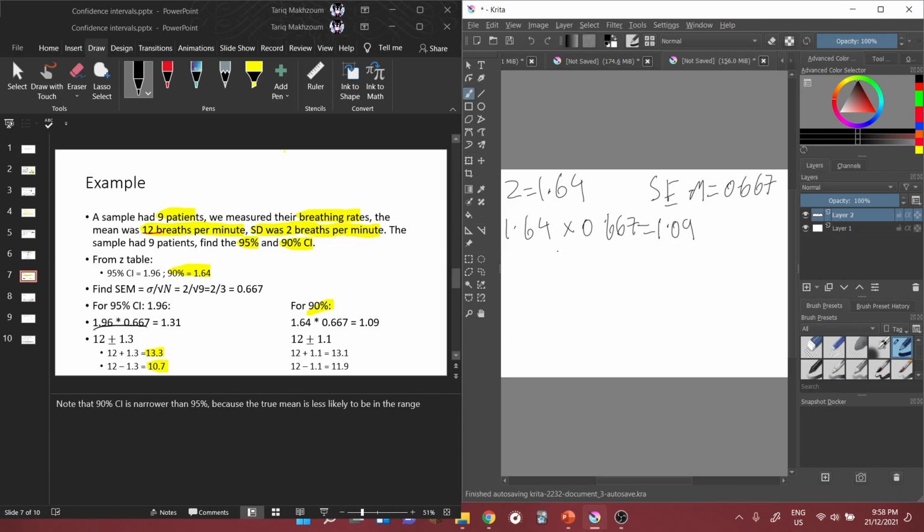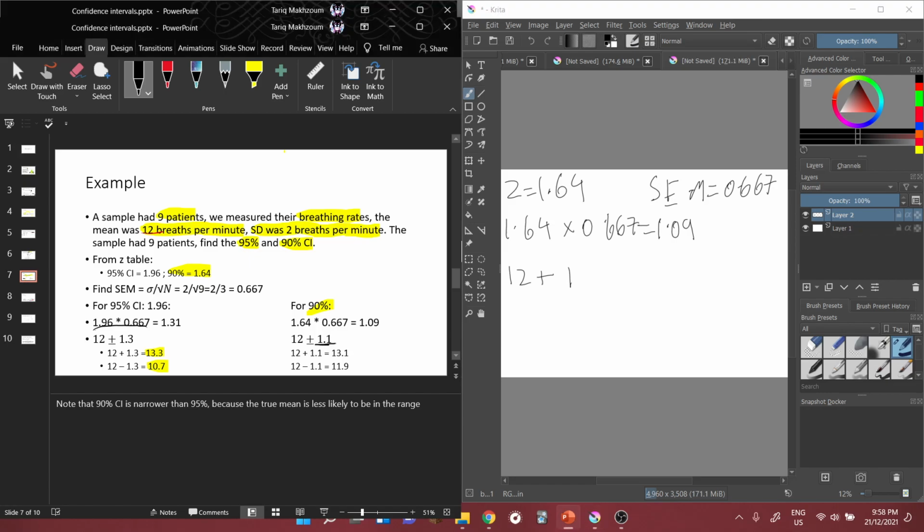And so then we take 12, which is our sample mean, and we're going to add 1.09, or 1.1 since I rounded it. So 12 plus 1.1 is 13.1, and 12 minus 1.1 is 11.9. And so these are our two confidence intervals.